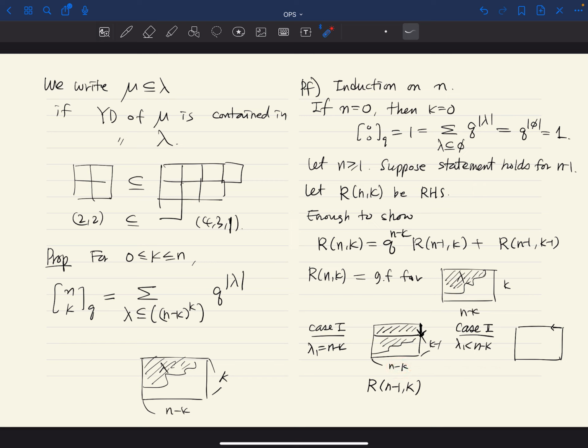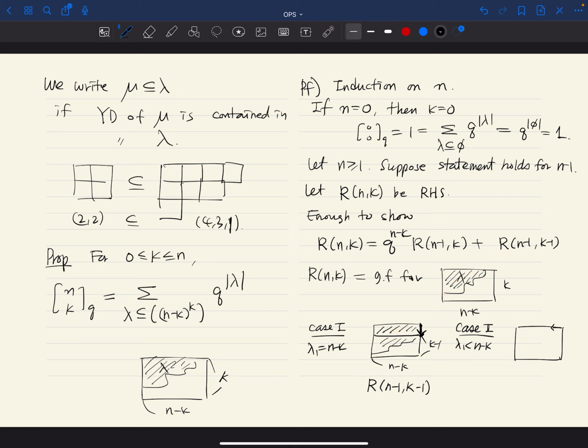Is that right? No. K minus 1. Okay. Yeah. Oh, yeah, I think that's right. Yeah, I don't have to match the same thing. The match is this way, unfortunately, but that's okay.